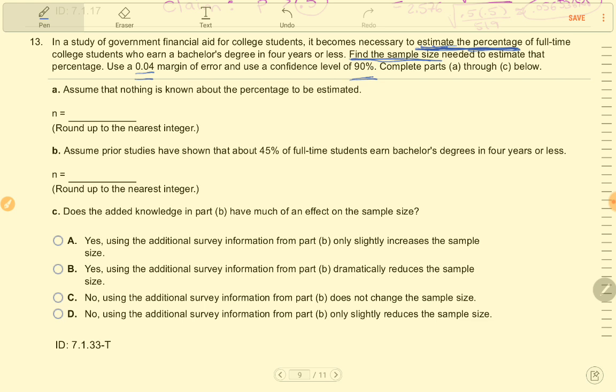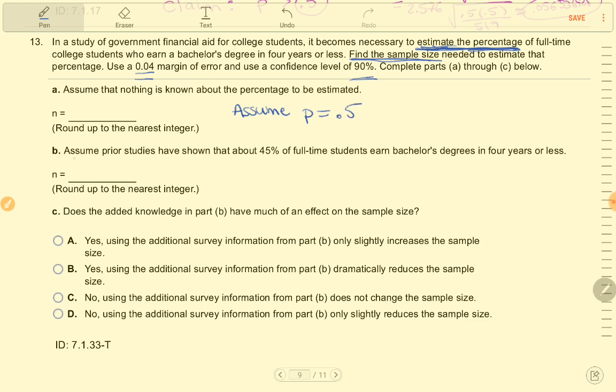So we'll do that using the formulas that are in the reference packet. There's two formulas. One of them is when you have an estimated value to use as your p-hat, and one of them is for when you don't have an estimated value to use for p-hat and then you assume 50%. So A says assume that nothing is known about the percentage that we're trying to estimate. So we're going to go with, let's assume that P is 0.5.